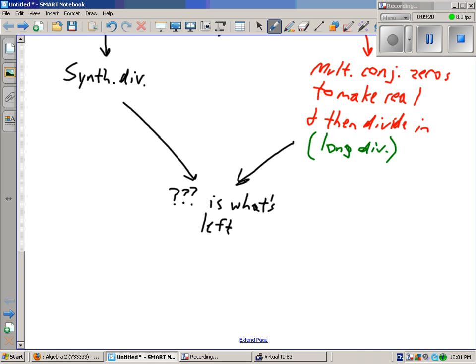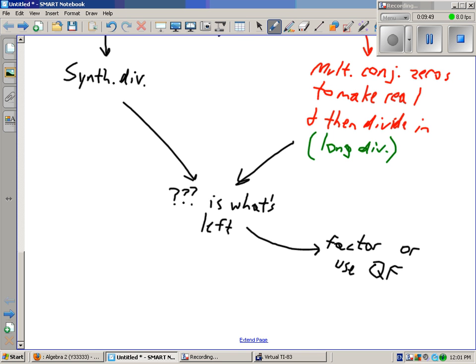Sometimes you get left with something you can factor by hand, but to be honest with you, if you've already found all the real zeros, chances are it's going to be a quadratic, and it'd be really nice if you could factor it, but usually what you wind up having to do is use the quadratic formula to find out what x values would make that last thing equal to 0.